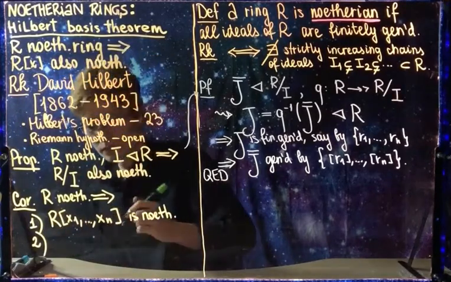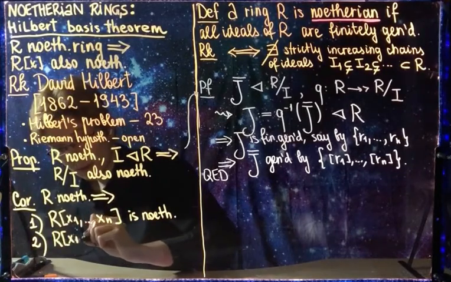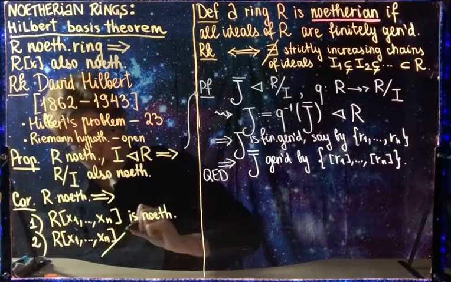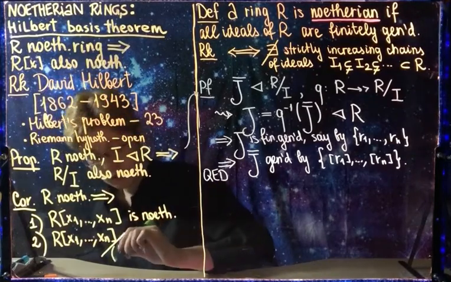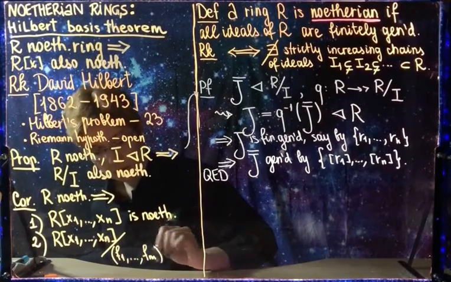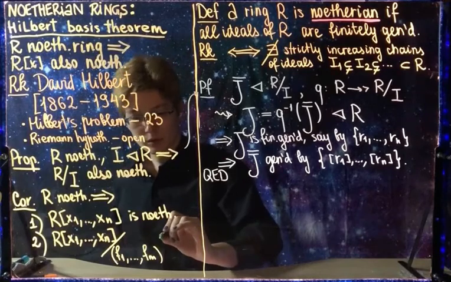And second, the ring of polynomials mod out by certain relations. So we take polynomial functions, f1 through fm, and generate an ideal by them.